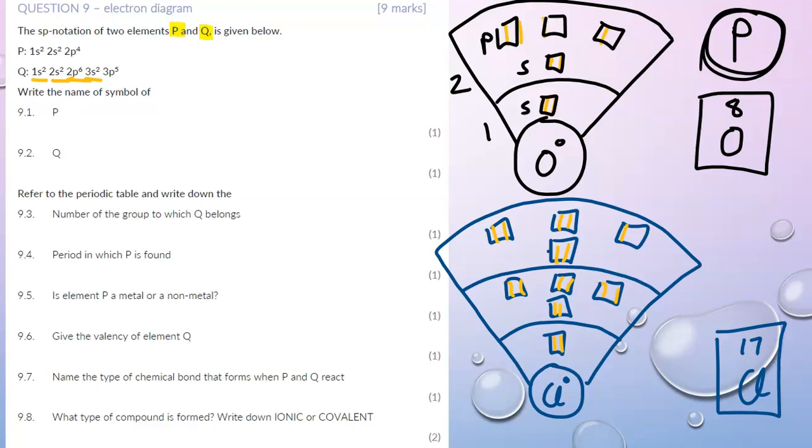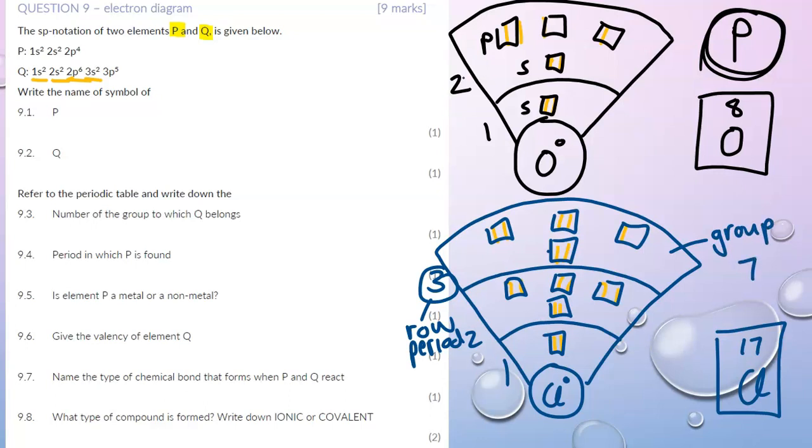Before we look at the questions, let's just write some notes. So if we look at chlorine, we know that she is in row 3, the fancy word is period, and she has 7 valence electrons, so she is in group 7.